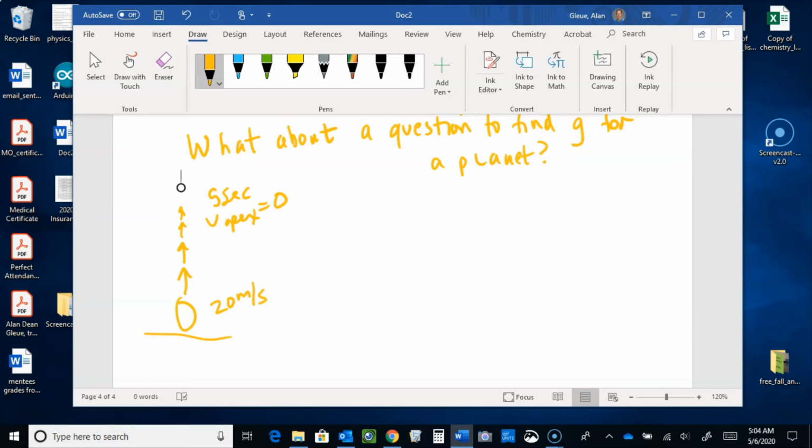So the question might be, what would be the acceleration due to gravity for a ball that takes 5 seconds to reach the apex if started with that velocity? Well, in this case, we know two velocities, and we know the time, so we could use our how fast equation.